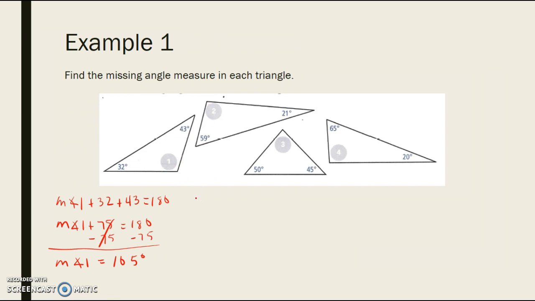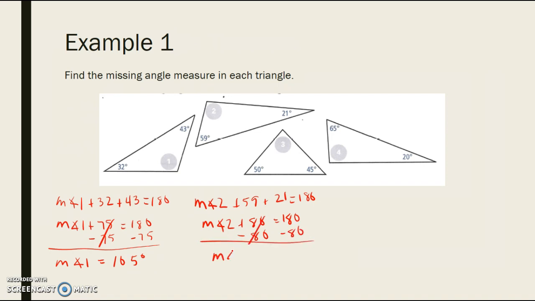Moving on to the second triangle, I know that the measure of angle 2 plus 59 plus 21 will equal 180 degrees. And so 59 plus 21 is 80. So the measure of angle 2 plus 80 will equal 180. We subtract the 80, and the measure of angle 2 will equal 100 degrees.